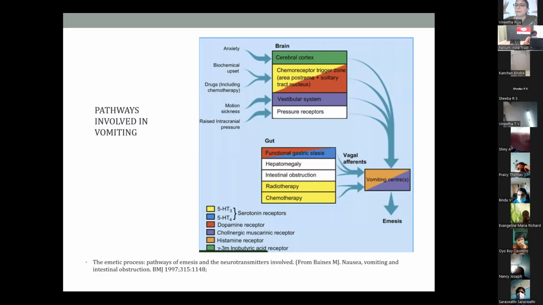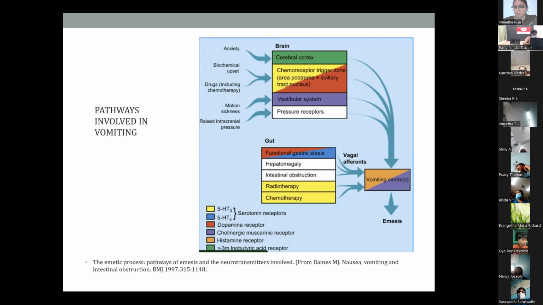If it is any biochemical parameter, like how you were saying hypercalcemia or hyponatremia, or I would say uremia, such kinds of biochemical abnormalities can trigger the receptors in the CTZ, the yellow and brown zone.